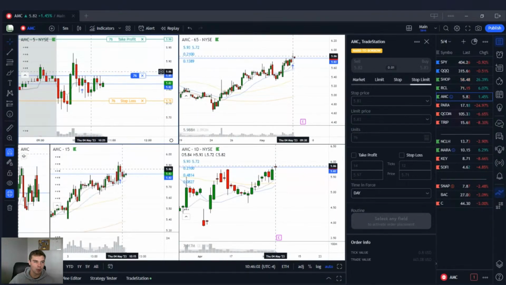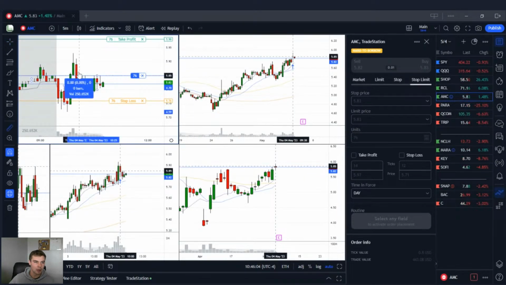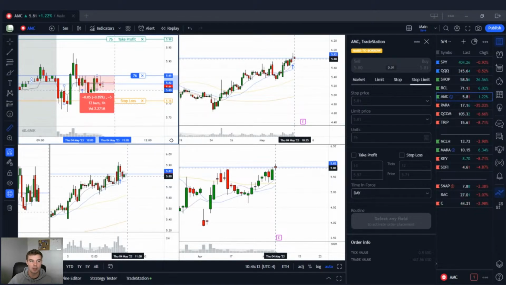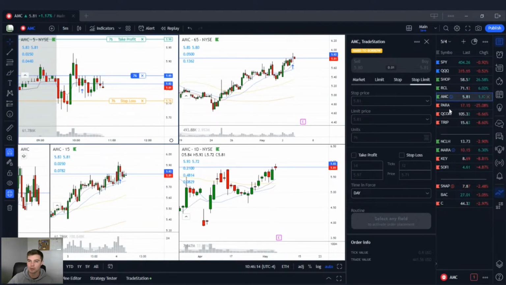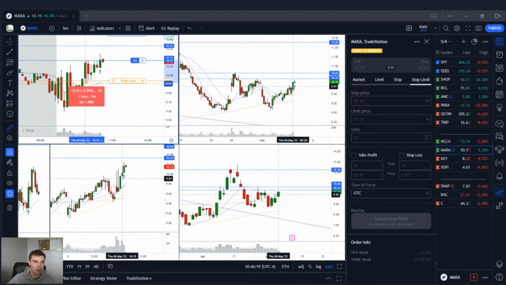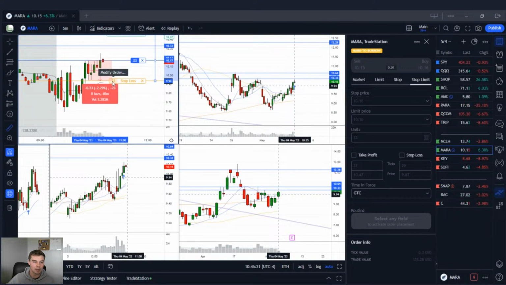AMC, what do we got open on this AMC? About 9 over 13. It's about 0.7 R risk on the AMC, so up to 1.2. And then Mara, instead of 30 cents, we got 23.